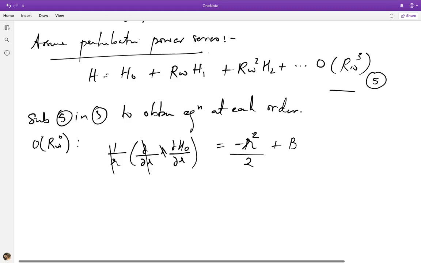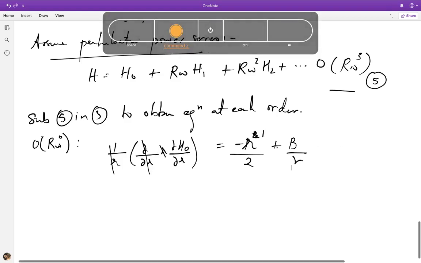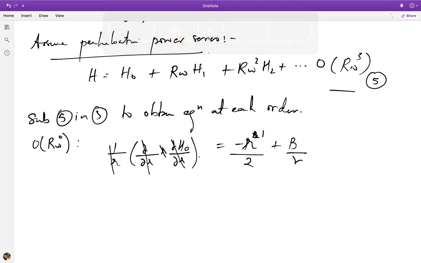I can now divide throughout by r, so I'll get r to the power 1 and b by r plus b by r. I now do the last integration, so I'll get r square by another 2 factor here. This term comes b logarithm of r plus c. So this is my solution.